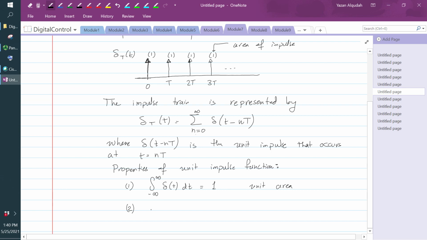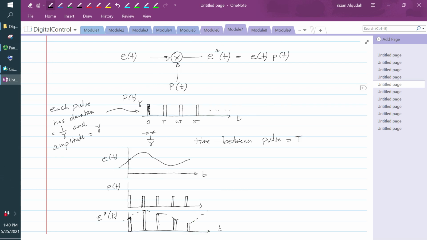The second property is the shifting property that tells me the integration from negative infinity to infinity of delta of t minus a multiplied by e of t dt is equal to e of a. And what that means is, if I take this impulse and multiply it by any signal, the area is going to equal the value of that signal at that instant in time. So here, you can see it here.